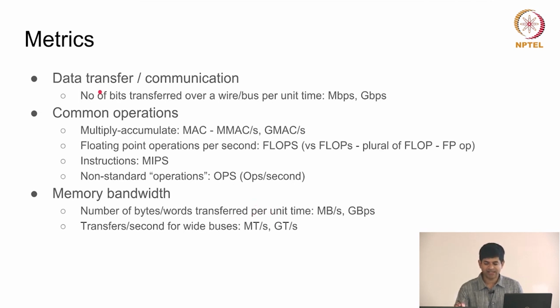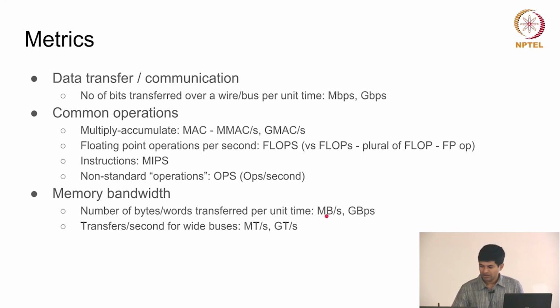I am differentiating this slightly from the data transfer rate, which is usually just, for example, the output of an A to D converter, which is being transferred into a machine. In the case of memory bandwidth, it might not be from an external sensor. It might be that you are doing some computation, your data needs to be fetched from memory, acted upon, and then pushed back into memory. So what kind of memory bandwidth, how quickly do you need to be able to read and write that memory to process it.